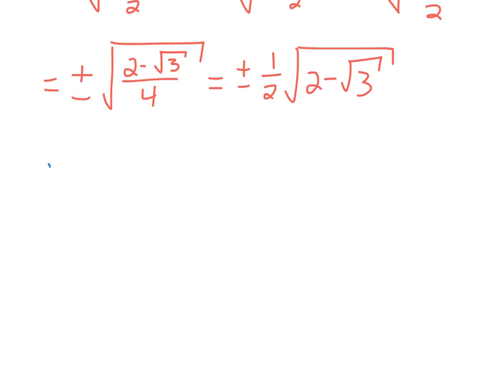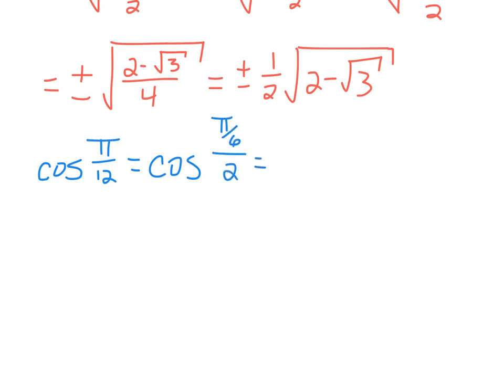So again, we're finding the cosine of pi over 12. You can't find that on the unit circle, so we're really finding the cosine of pi over 6 over 2. And again, it's the same formula essentially.